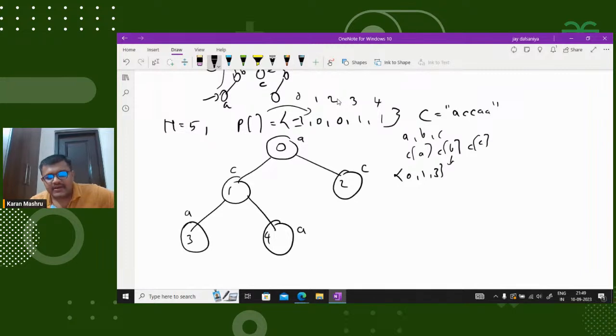And this forms a palindrome. So another by default would be 3, 1, 0. So we need to consider both of them, right?